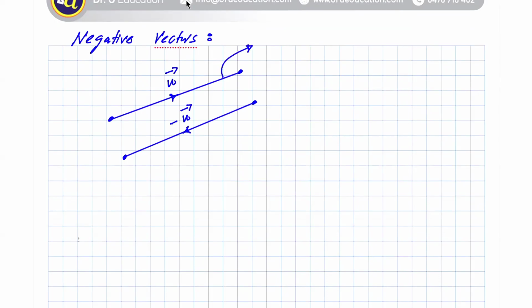The size of this arrow is the U vector magnitude. You could say the minus U vector magnitude, but essentially that is the U vector magnitude, because magnitude is a positive value and we ignore the minus. The direction is flipped, so you are introducing a minus. That is called negative vectors.